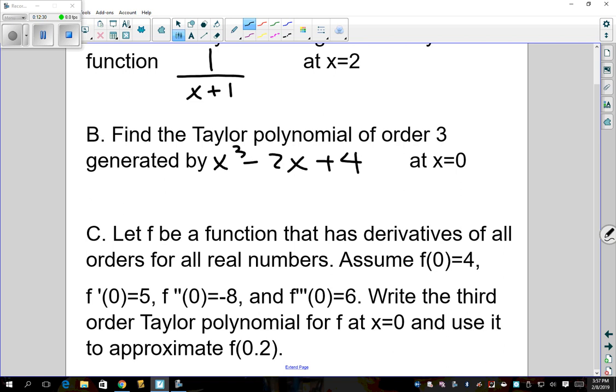It asks you to write the third order Taylor polynomial for f at x equals 0 and use it to approximate f of 0.2. So go ahead, pause the video, try them. I'm going to put the answers on the next slide. But go ahead, pause, try them yourself, see where you are, and then make sure to write down any questions that you have about these problems.